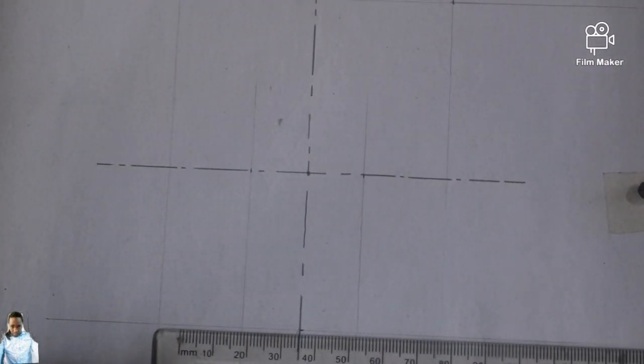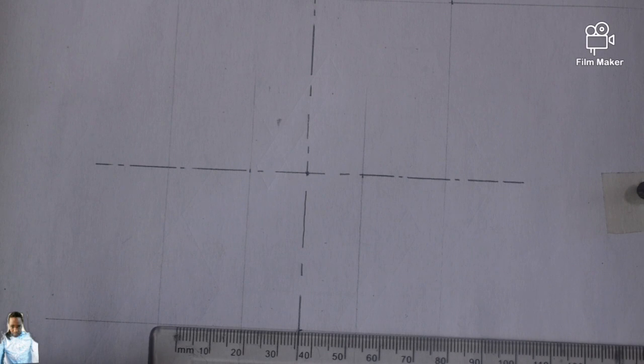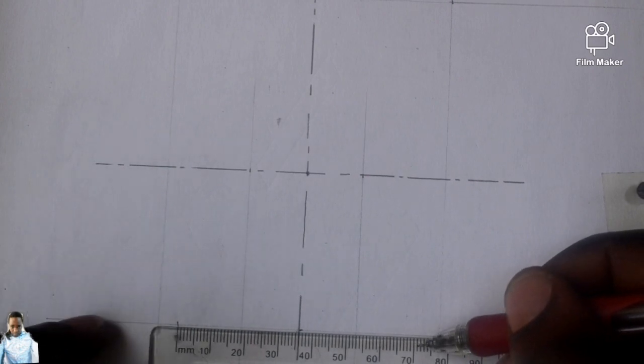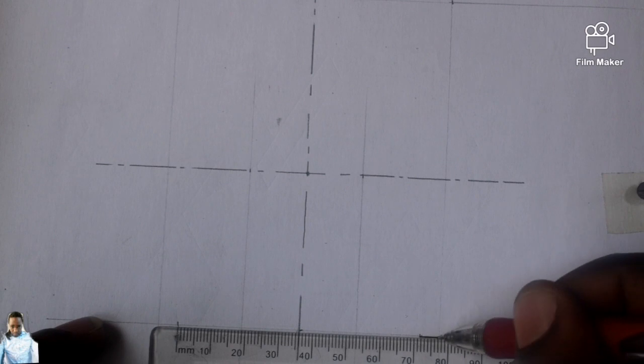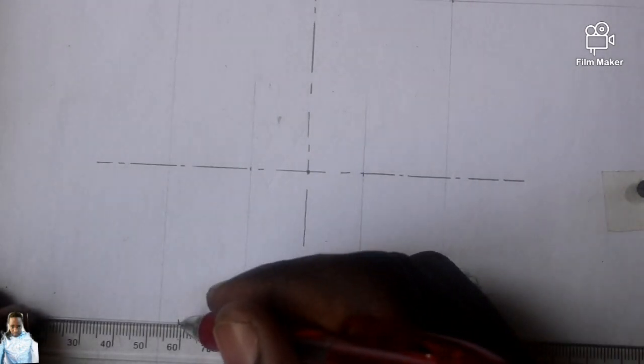So this is 36. I'm going to mark it 0 and mark it at 72. 72 is right here. So which means from here till here, without fear or favor, I know it is dark already. Again, from here till there is dark already.